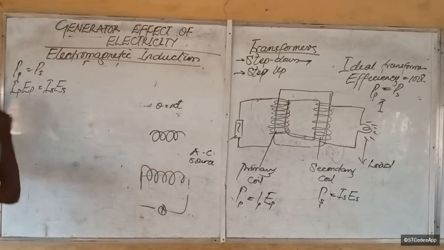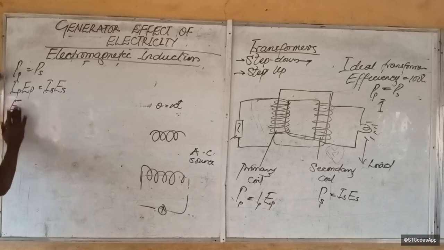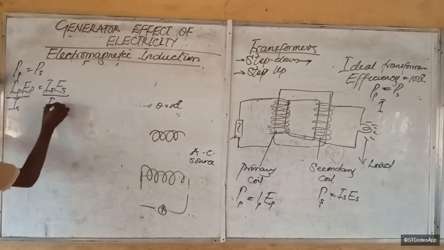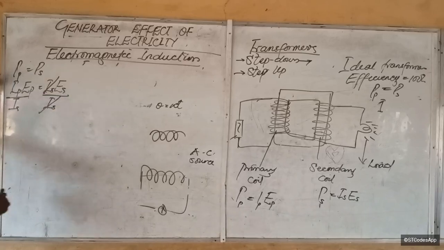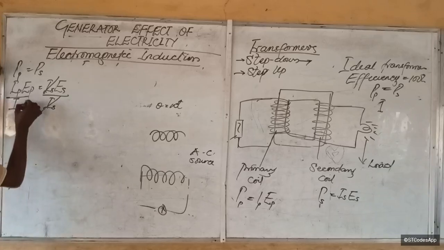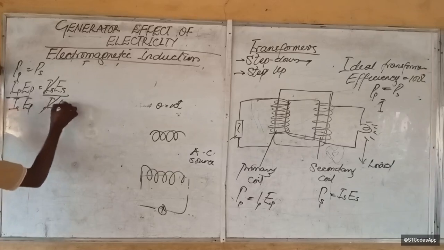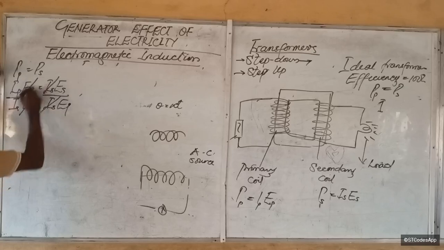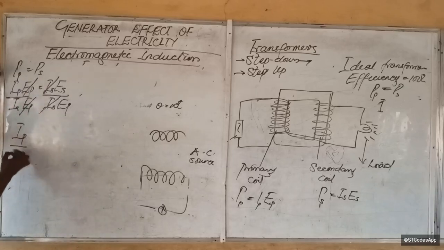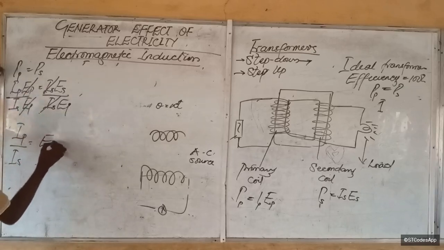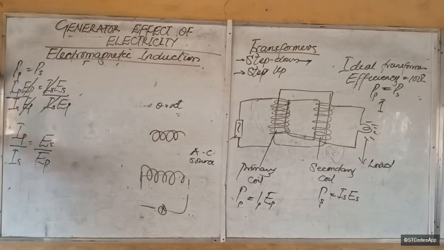And if this is the case, let's divide both sides by I_S, and also divide both sides by E_P. So we have I_P over I_S is equal to E_S over E_P. Does this make sense? All right.